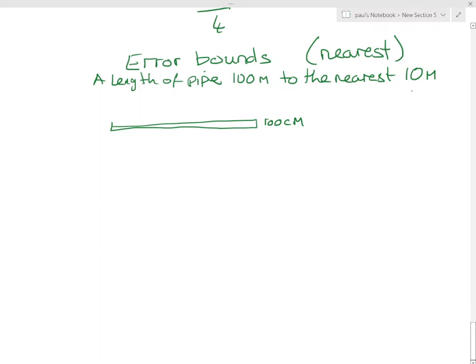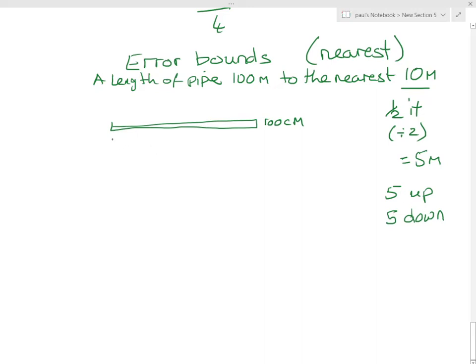Now, 10 meters is the spread of the tolerance. So, this is how we do it. You take this number and half it, or divide by 2, same thing, which gives you 5 meters. And you go 5 meters up and 5 meters down on the length. This is 5 longer and 5 shorter.